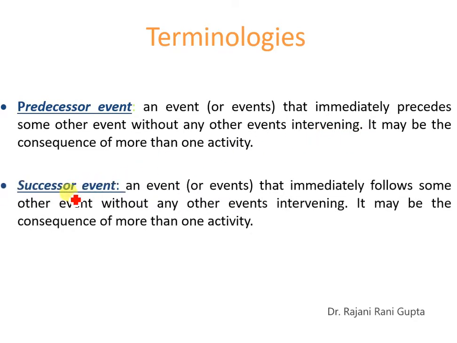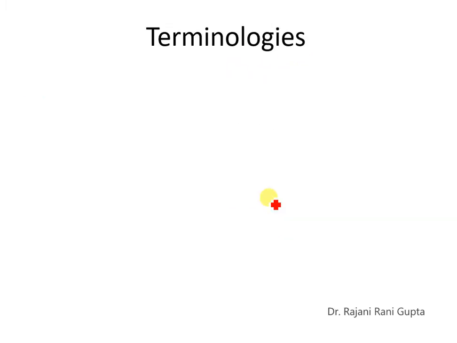Then we have the successor event, which is the event or events, it can be more than one event, that immediately follow some other event without any other events intervening. It may be the consequence of more than one activity. These definitions are the same as in CPM.